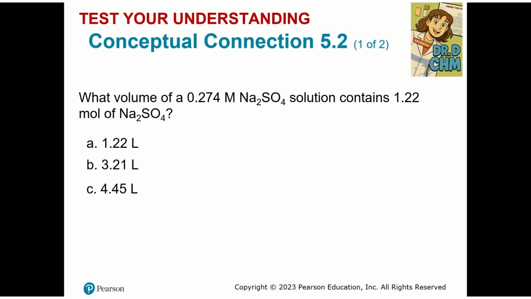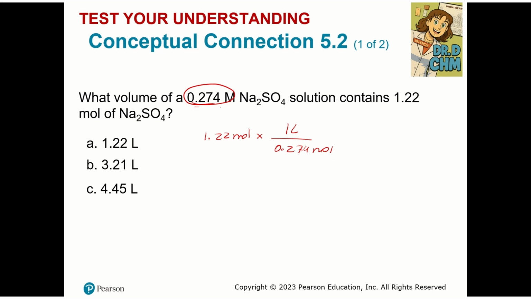So here, what we have is the number of moles. So what I'm going to do is take 1.22 moles and multiply by my conversion factor, because I have the concentration over here.